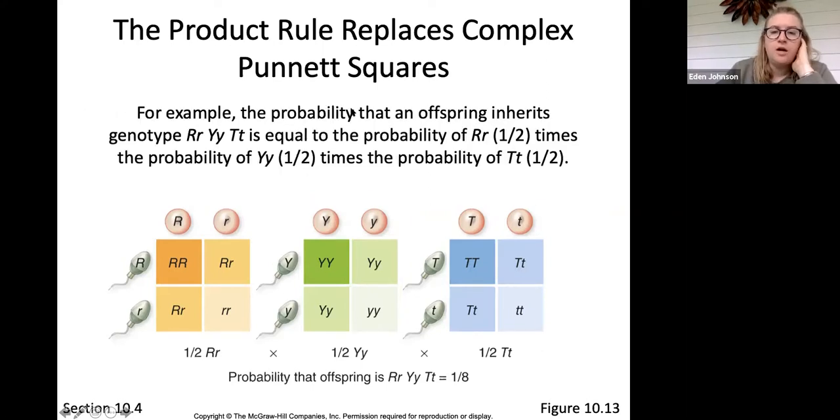Okay, so here, the probability that an offspring inherits the heterozygous genotype for all 3 of these traits is equal to the probability of that offspring being heterozygous for R, the probability of being heterozygous for Y, and the probability of being heterozygous for T, multiplying those probabilities together.